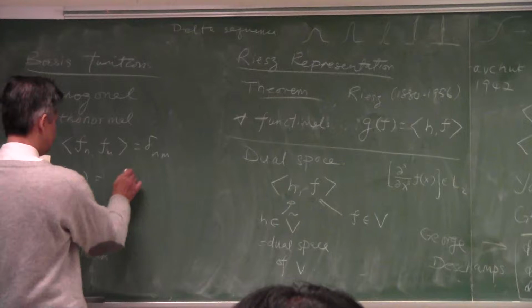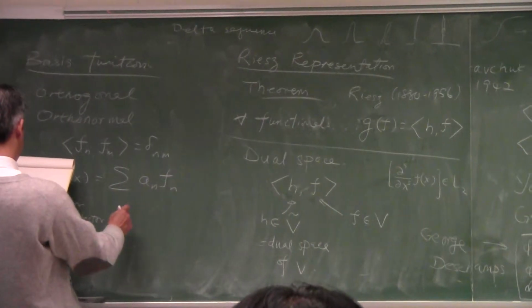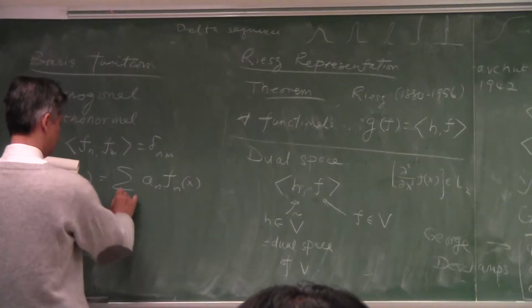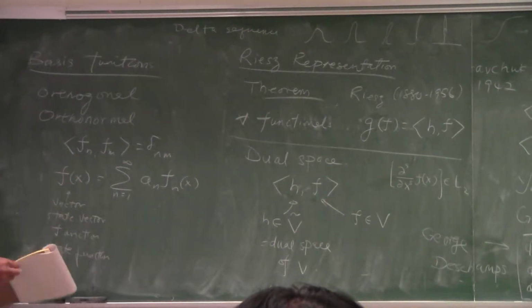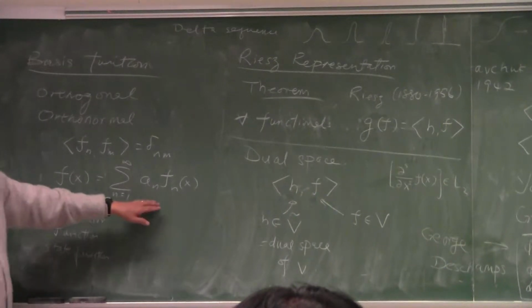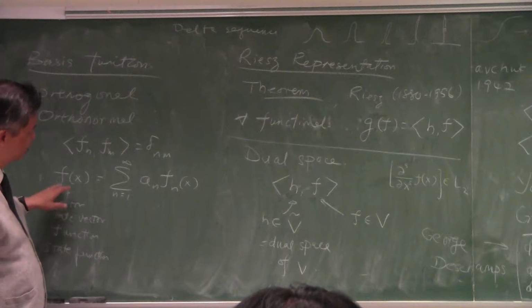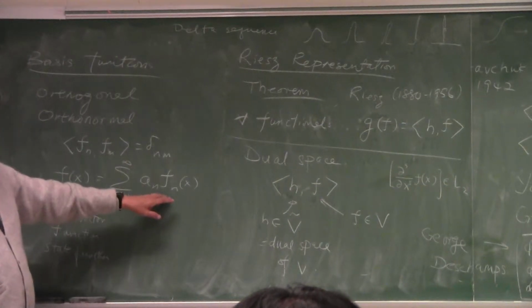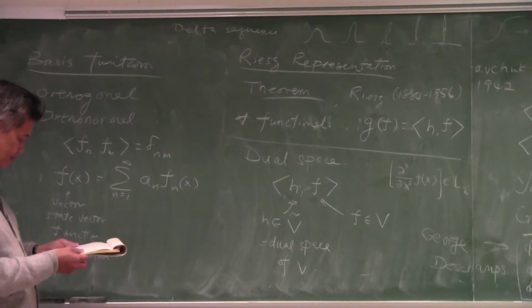You will expand it in terms of, say, these basis functions in this manner. Let's assume that this set of functions is complete. Complete means that any square integrable function can be expanded in terms of this basis function. Okay? So they live in the same space.